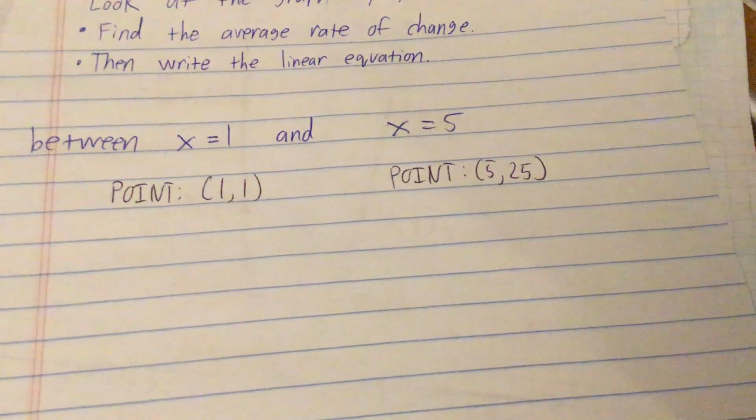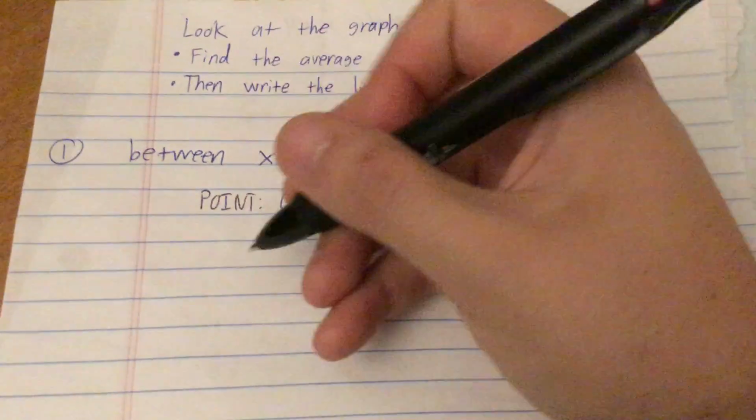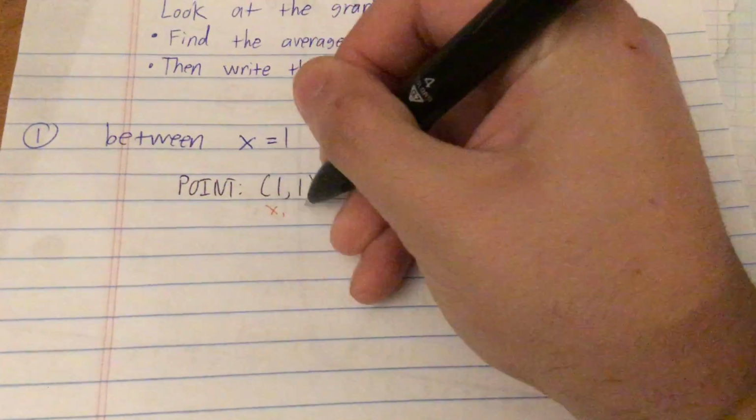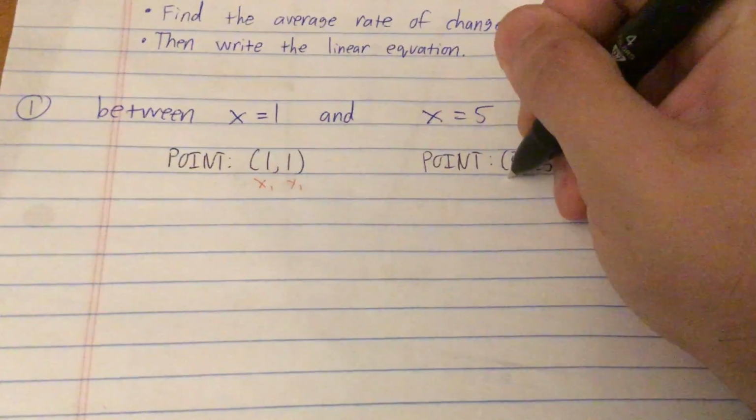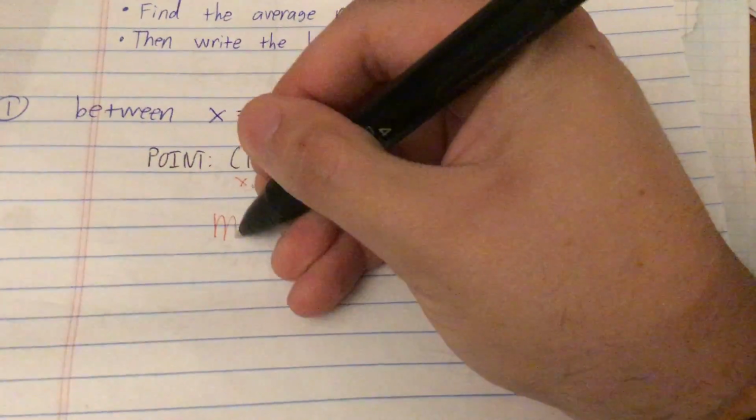So step 1, in order to find the average rate of change, let's label this as x1, y1, x2, y2, and calculate the slope.